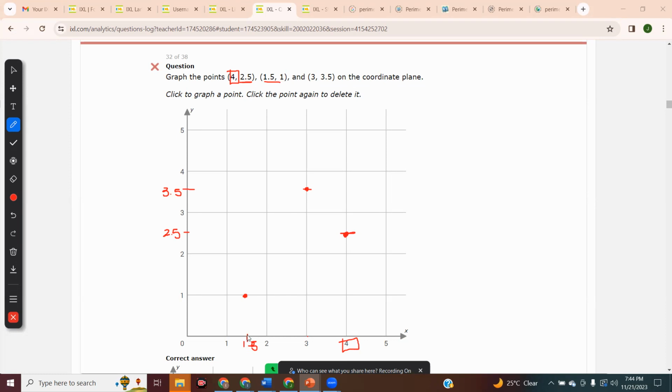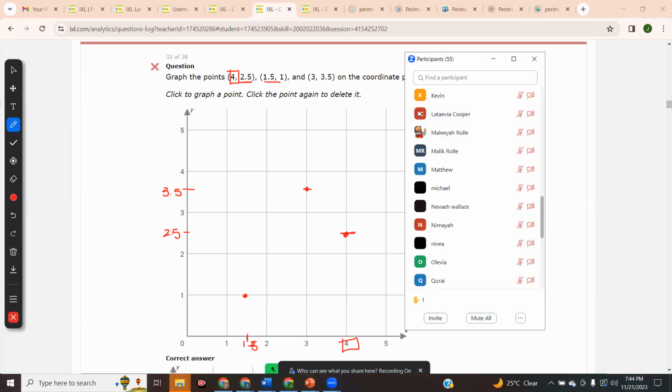You have to go 1.5, which is in the middle of those two, and 1, which is this one right there. You see it? Yes, sir. Okay, and if they say 3 and 3.5, it's going to be 3, which is here, and 3.5, which is here, between 3 and 4. Does that make sense? Yes, sir. I get it now.